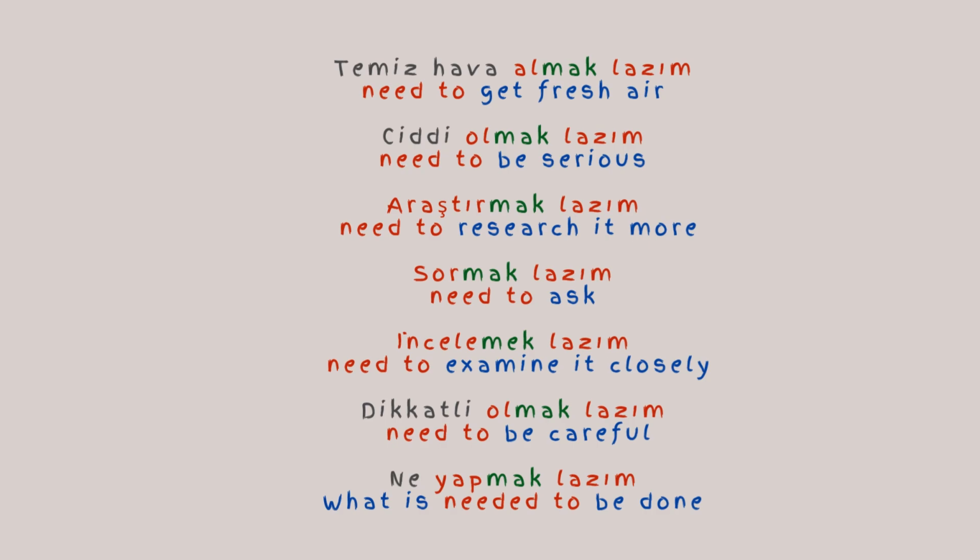Now let's have a look at other sentences and get to know the meaning. And all these sentences we're talking in general form without specifying a certain pronoun. Temiz hava almak lazım. Need to get fresh air. Almak lazım.